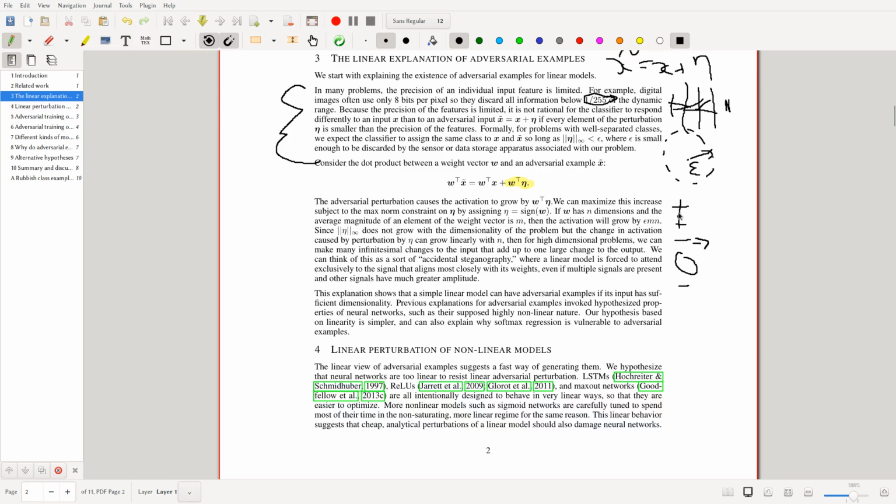This sign function will send it to 1, negative 1, 0, negative 1. So it's just the sign of these, right? And then if this weight vector has n rows, and the average magnitude of the element is m, then the activation will grow by epsilon m n, where epsilon is your parameter.